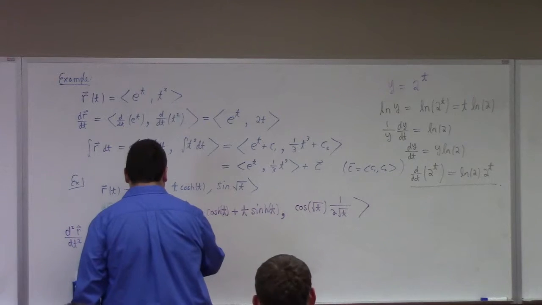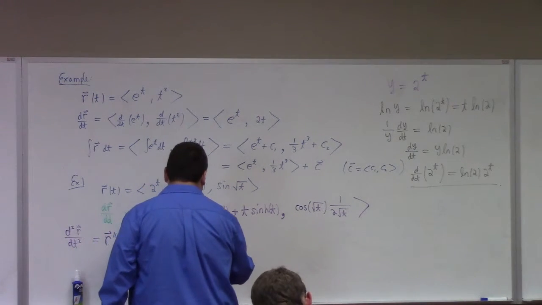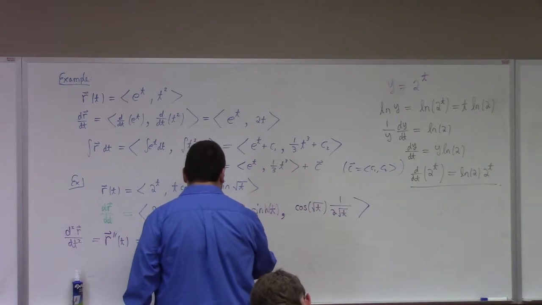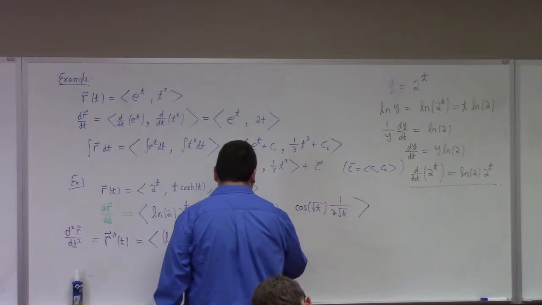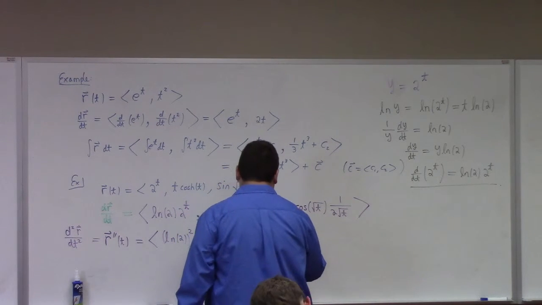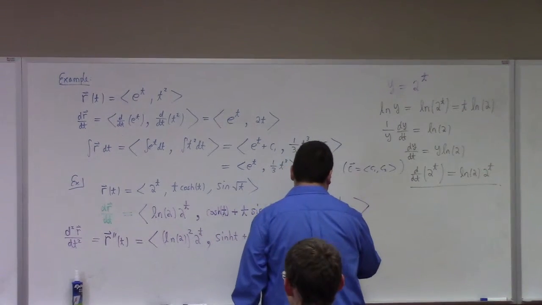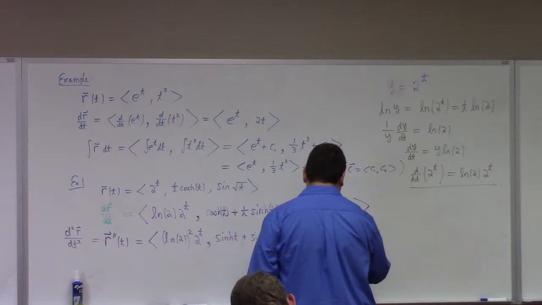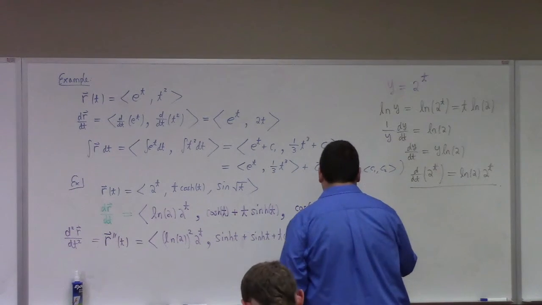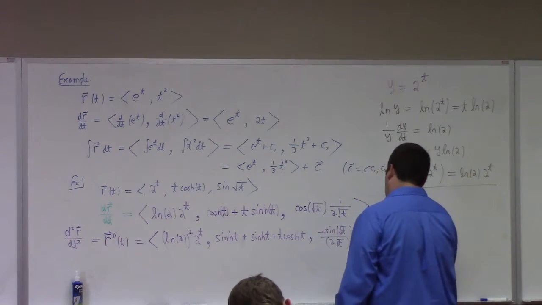First piece is easy enough. That's natural log of 2 quantity squared, 2 to the t. Then I get sinh t, plus sinh t, plus t cosh t, comma, minus the sine of the square root of t divided by 2 square root of t, quantity squared, plus cosine of the square root of t divided by 2.